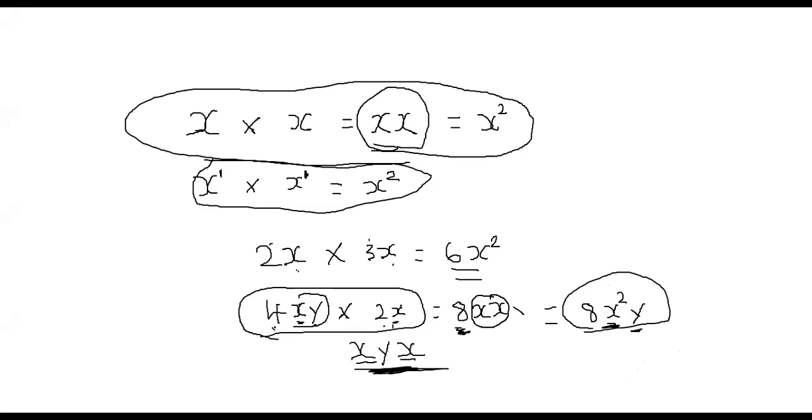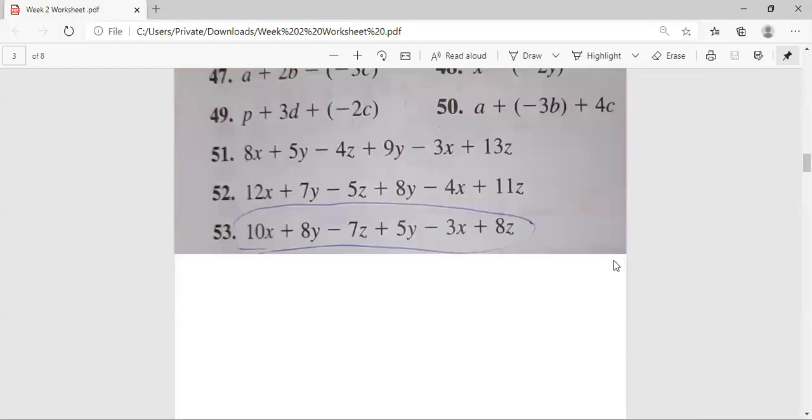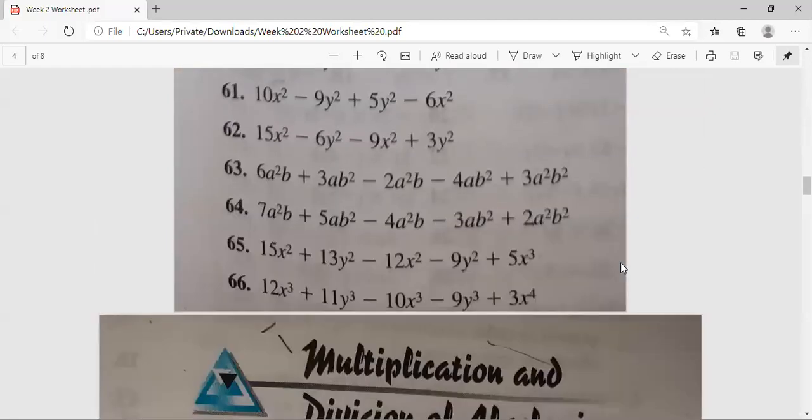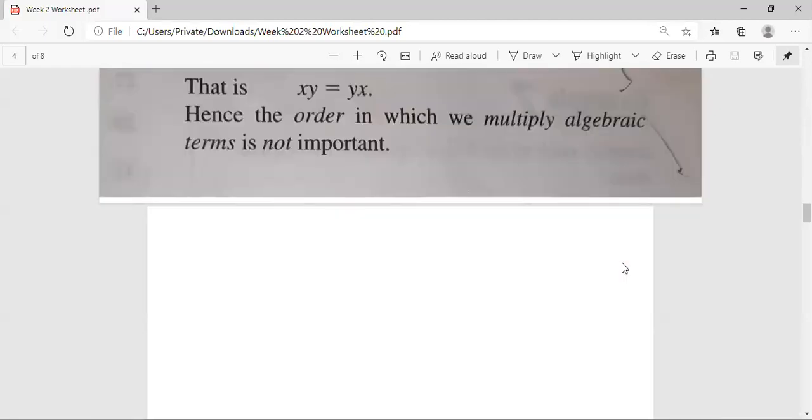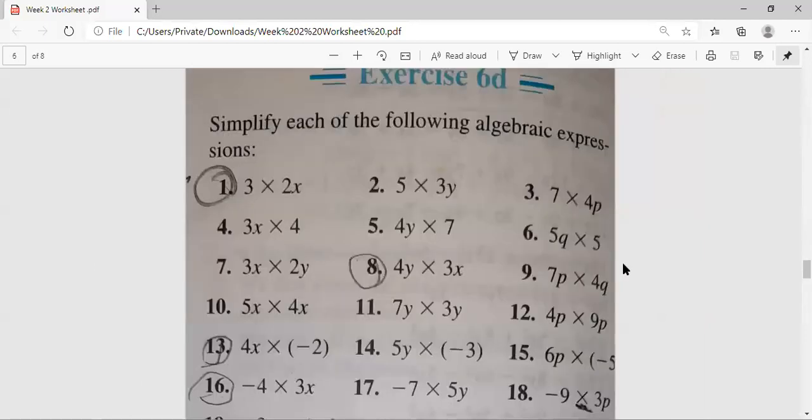Let me go to the worksheet. Yeah, I practice a lot.